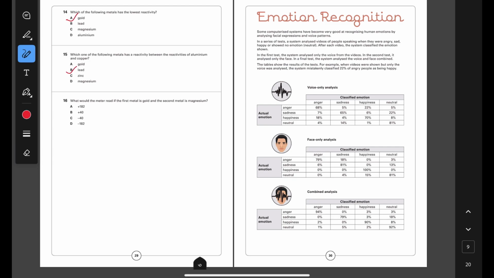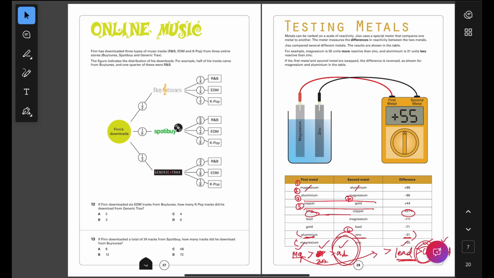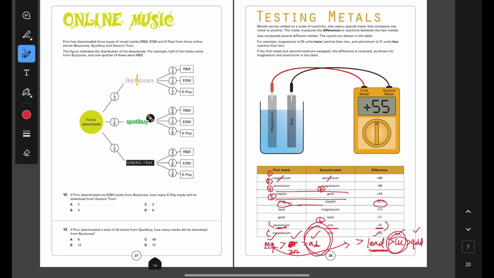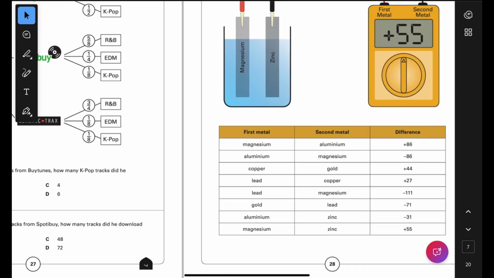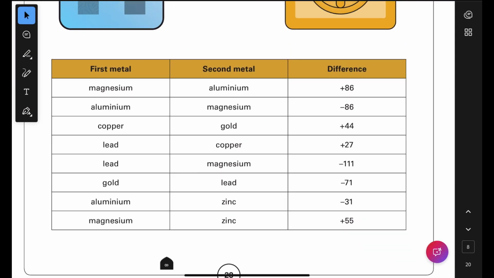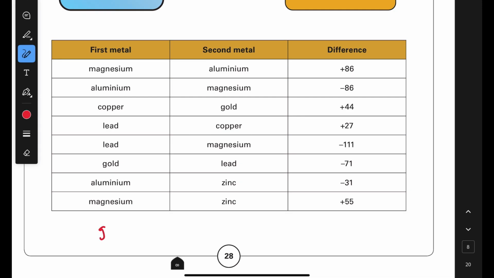What would the meter read if the first metal is gold and the second metal is magnesium? So the first metal is gold and the second metal is magnesium.